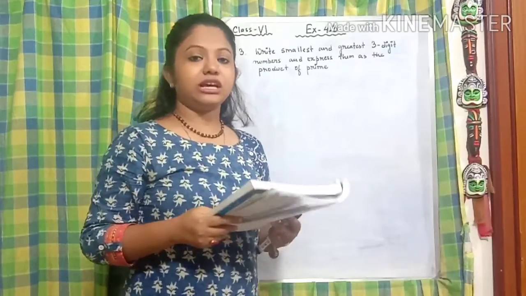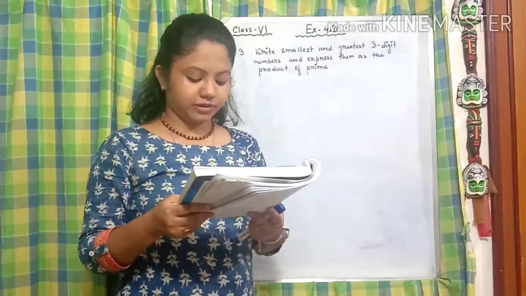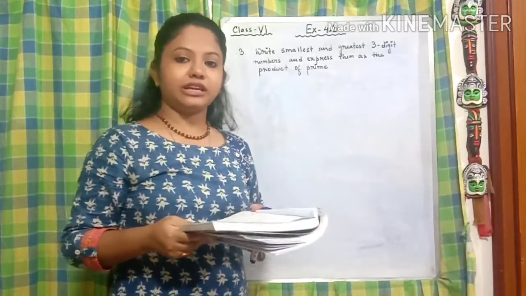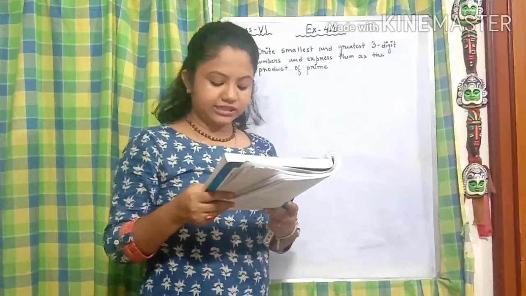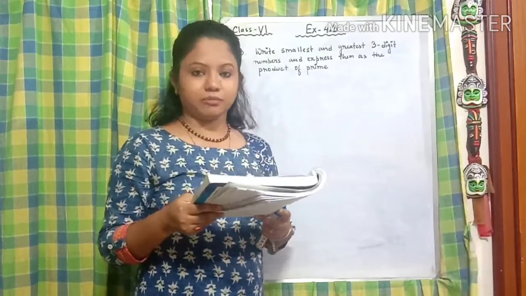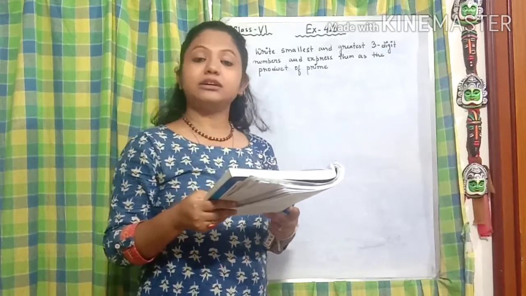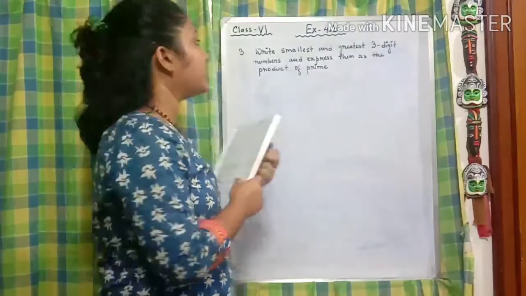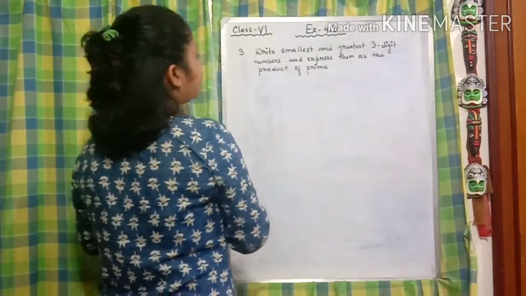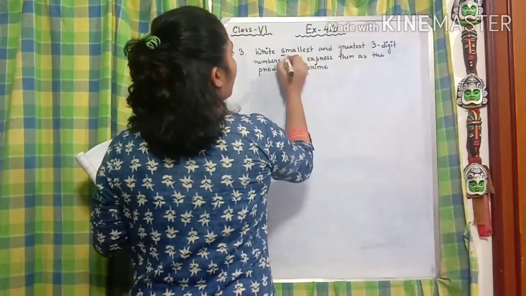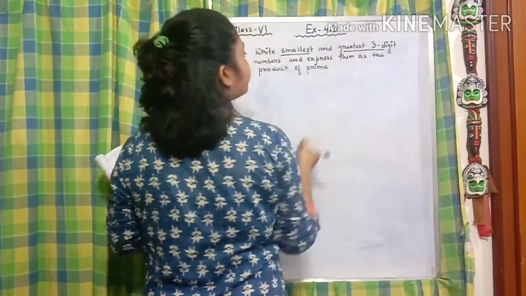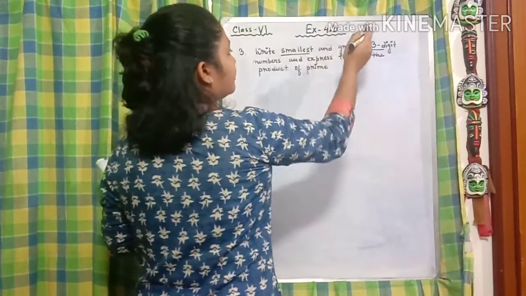Now coming to the last sum of today, that is sum number 3. What has been said there? Write the smallest and the greatest 3-digit numbers and express them as the product of primes. For that, first we have to take the smallest and the greatest numbers of 3 digits.